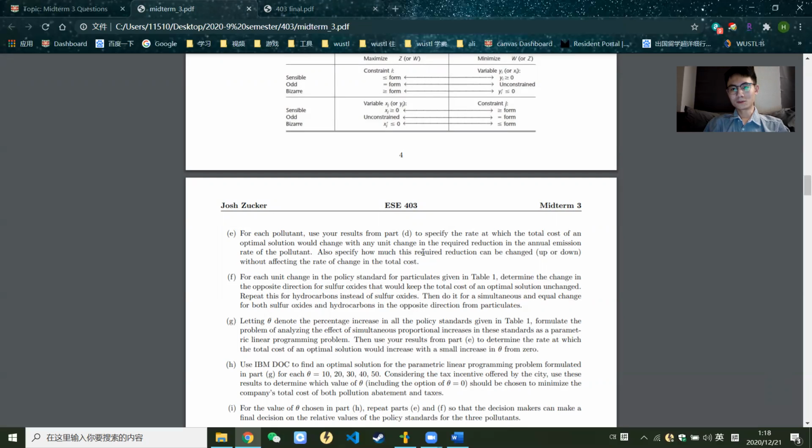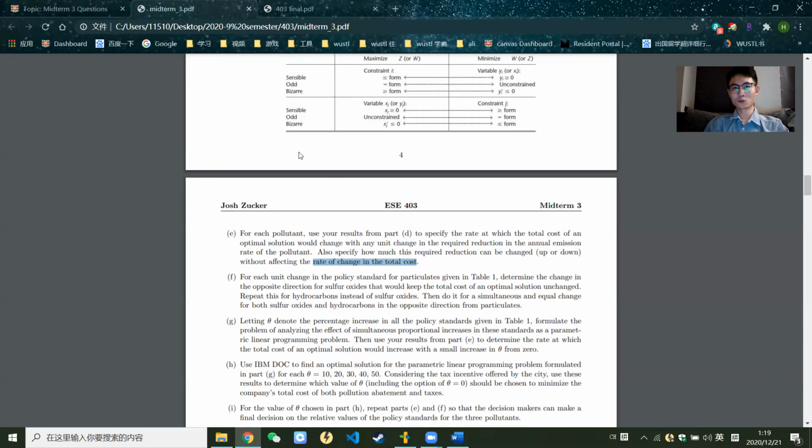So required reduction is the right-hand side of the primal problem, which is the objective function coefficient in the dual problem, and the rate of change in the total cost is, oh no, it's the shadow price of the first problem.